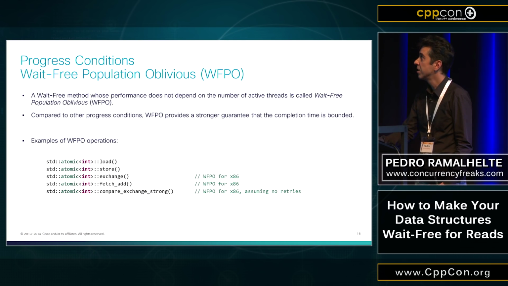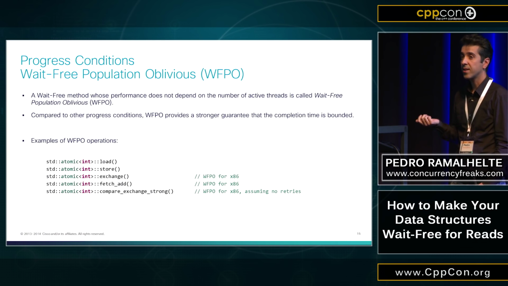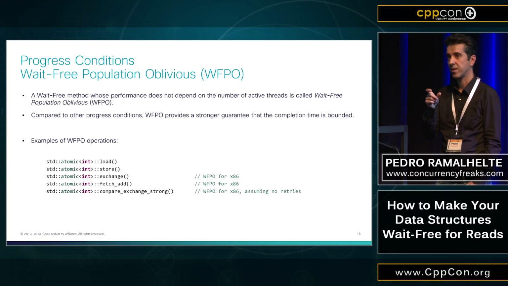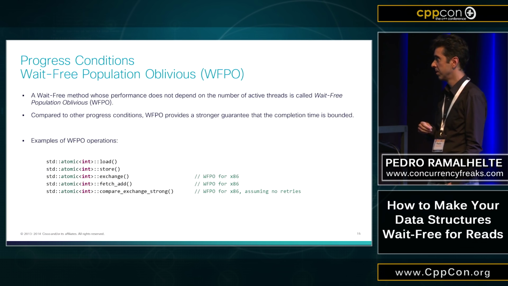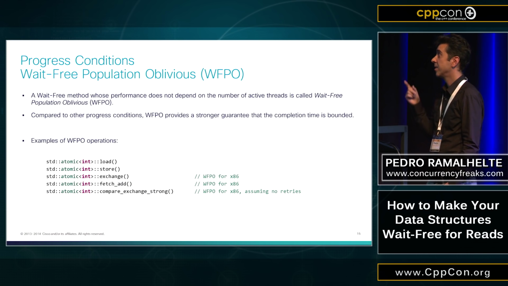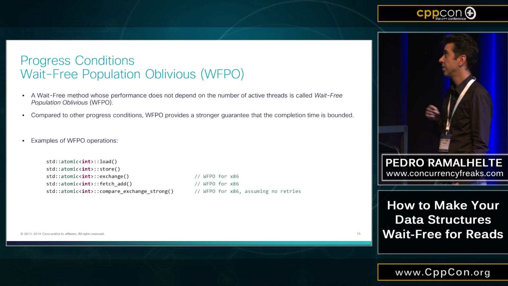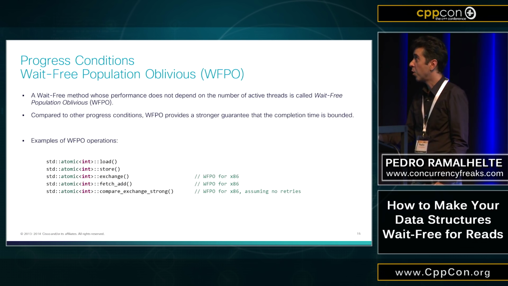Doing an exchange or fetch-and-add is wait-free population oblivious on x86 because it's a single atomic instruction: exchange, and the other is xadd or lock add. And compare-and-exchange strong is also, assuming you're not running it in a loop, of course. If you're running it in a loop, then it will be lock-free. On other architectures, it depends. You'd have to check.